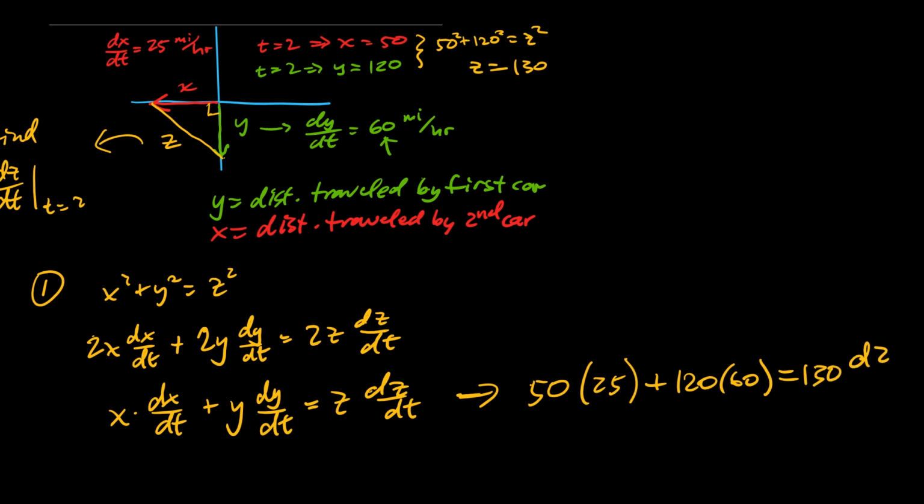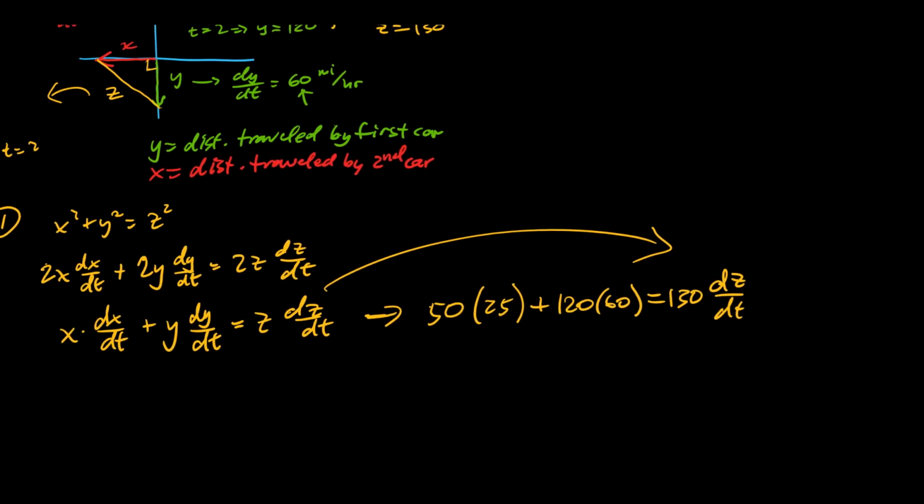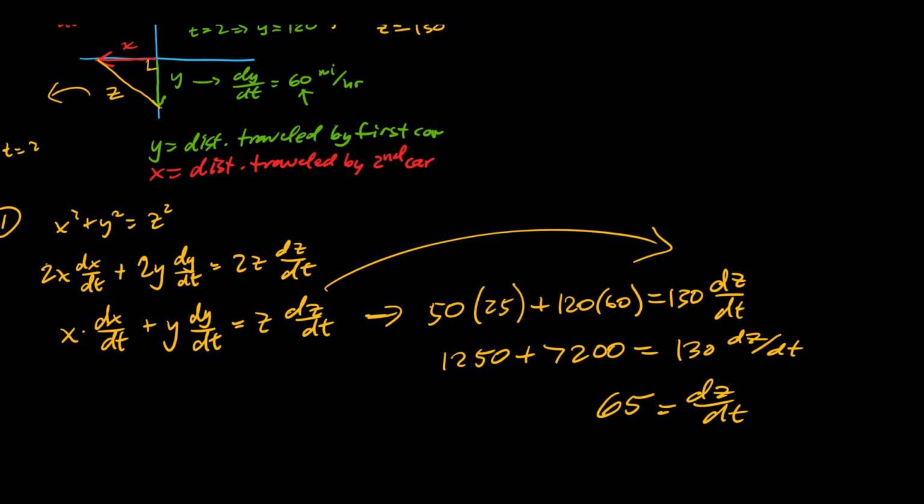And we don't know what dz/dt is. When we do the math here, we get 65 miles per hour.